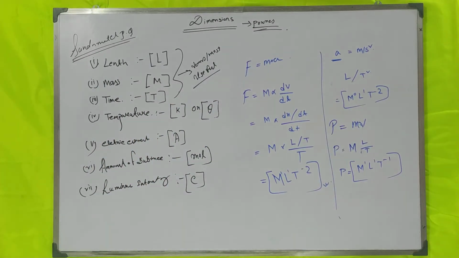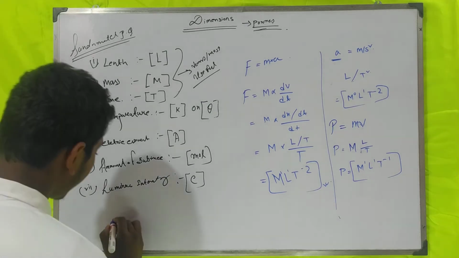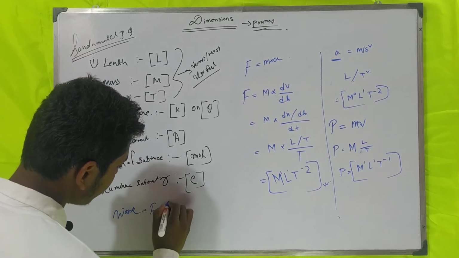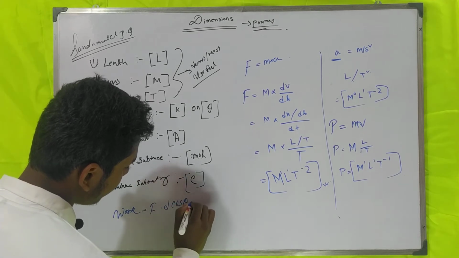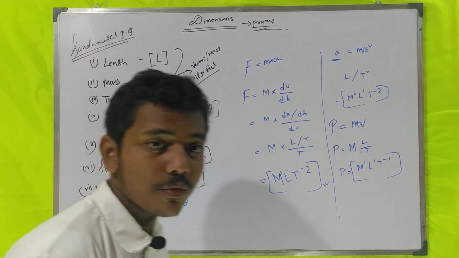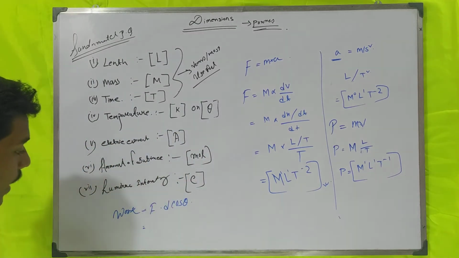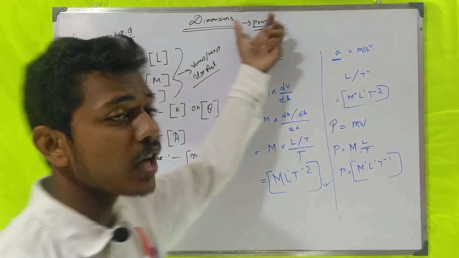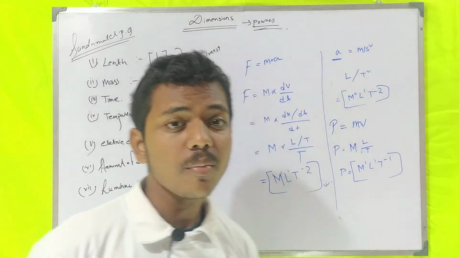Now we can find the dimension of work. Work is force into displacement cos theta, meaning W is equal to F d cos theta. Cos theta has a numerical value, so cos theta has no dimension. Any real number.